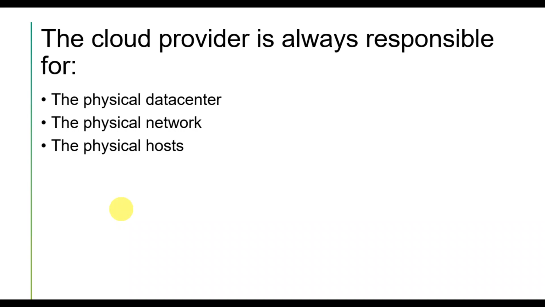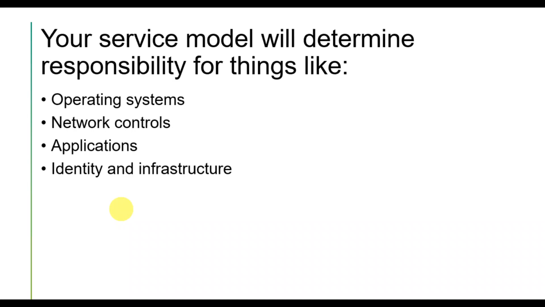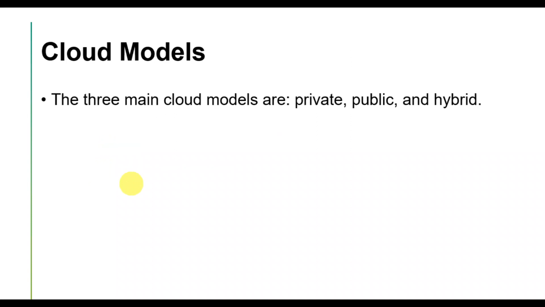However, the cloud provider is always responsible for the physical data center, physical network, and physical hosts. Your service model will determine responsibility for things like operating systems, network controls, applications, identity, and infrastructure.